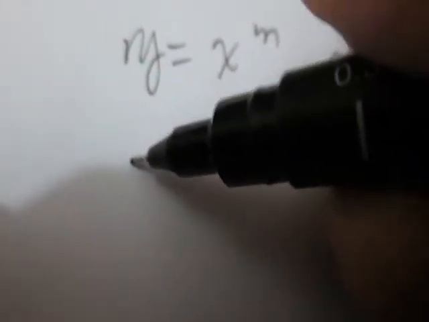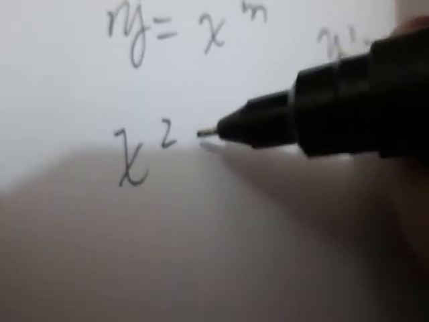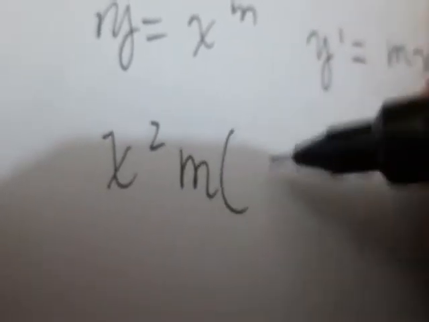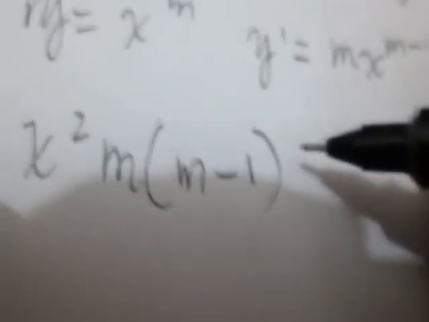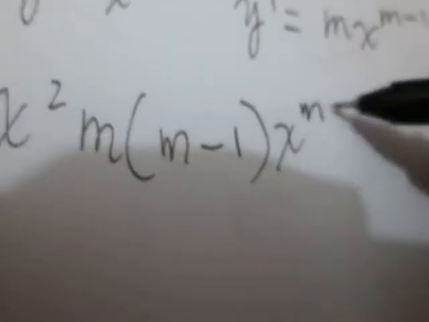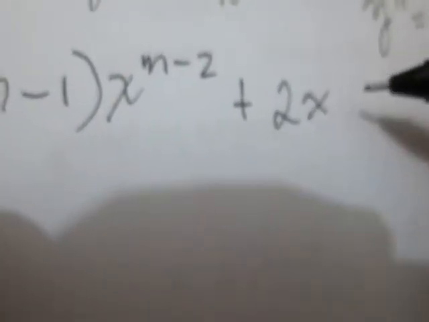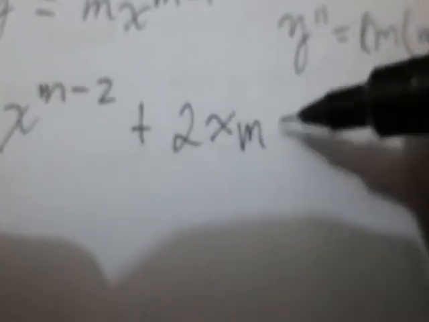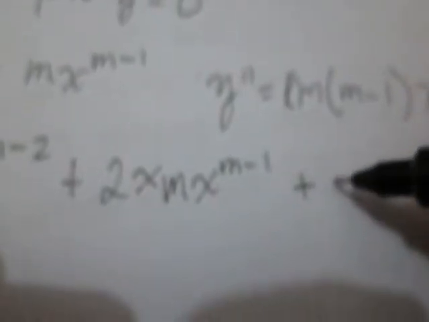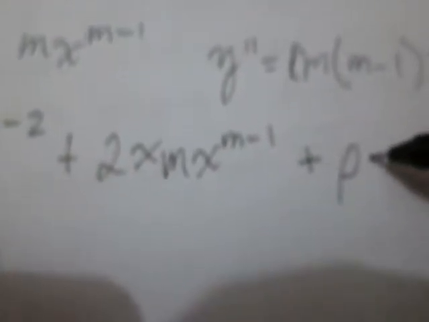So we have x squared times the second derivative, which is m times m minus 1 x to the power of m minus 2, plus 2x times the first derivative, which is m x to the power of m minus 1, plus the linear density times the square of the angular speed times x to the power of m equals 0.